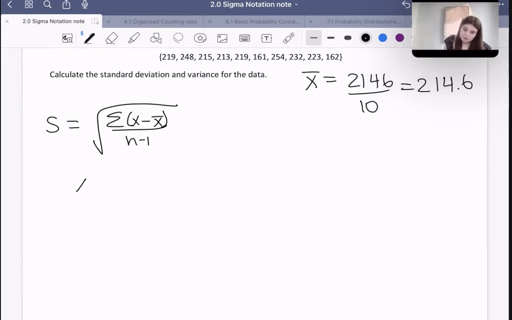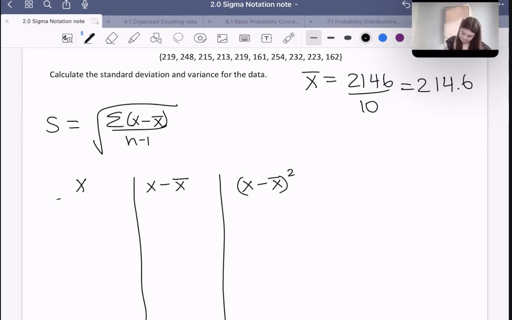So now I'm going to write out all the numbers of calories here. I'm going to put my x's here, then my x minus our mean, and then my x minus our mean squared, like that. Okay, so 219, 248, 215.